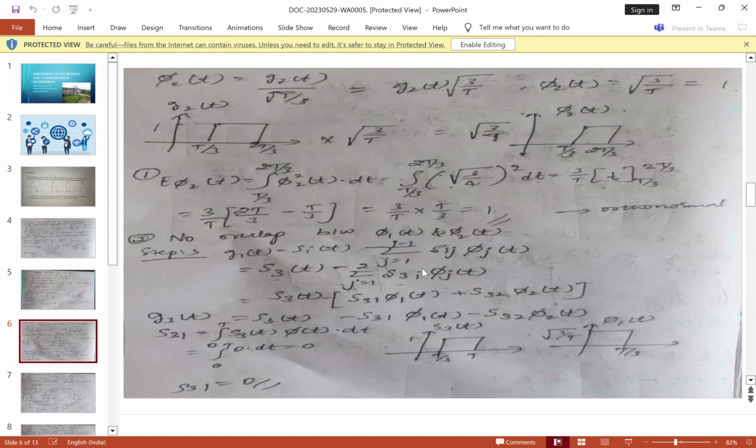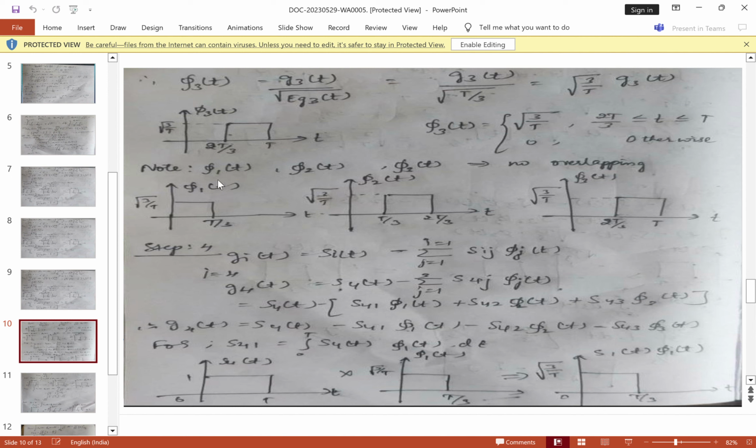These are the signals: root of 3 by T, 2T by 3, T. Psi 3 of t is equal to root of 3 by T for 2T by 3 less than or equal to t less than or equal to capital T, and 0 otherwise. Note that psi 1 of t, psi 2 of t, psi 3 of t are the basis functions, with no overlappings.